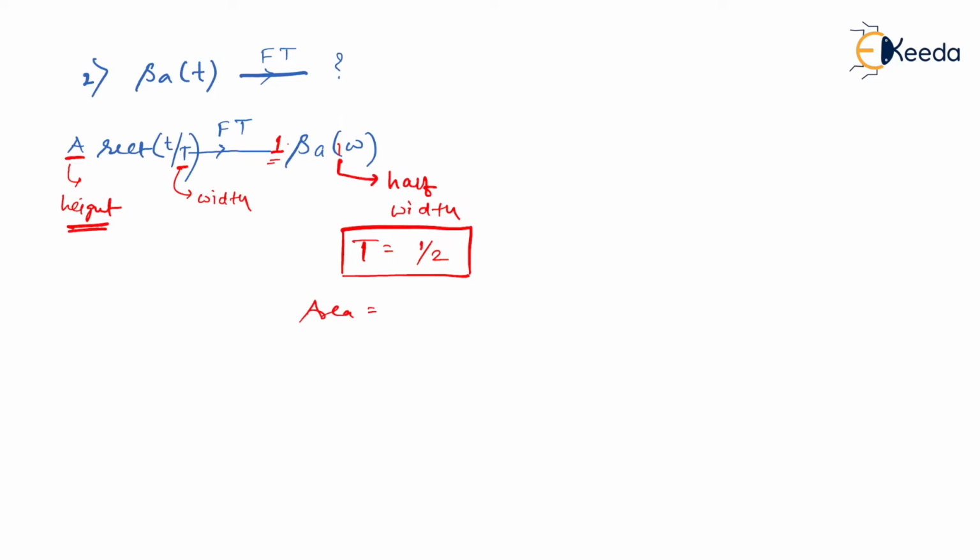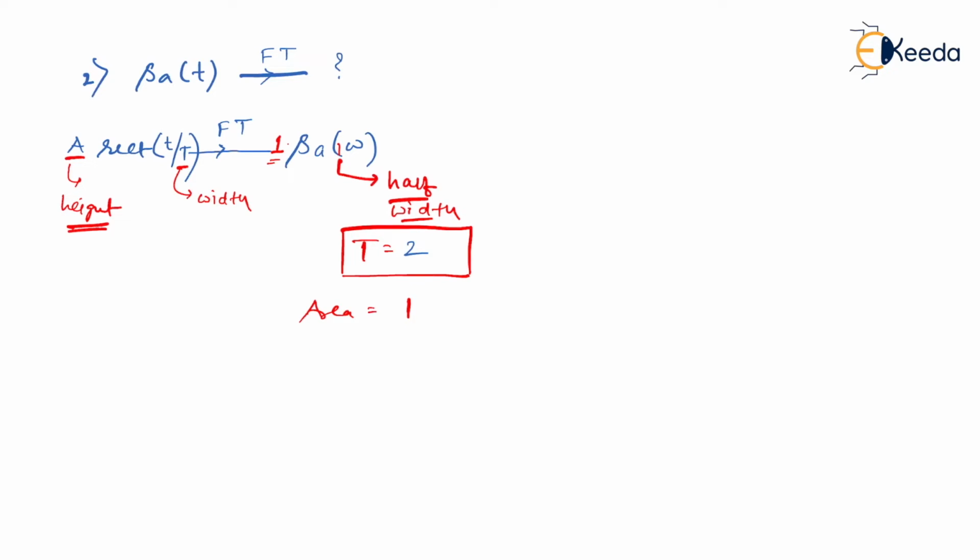When I say area is equal to 1, then the area of the rectangle is nothing but length into breadth. Here the width is known to me, which is nothing but 2. So when I say half width is 1, it means t has to be 2. So we need to correct this. It is not half, but it is 2.